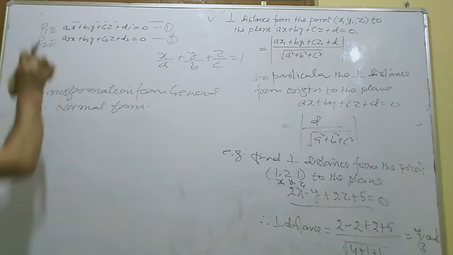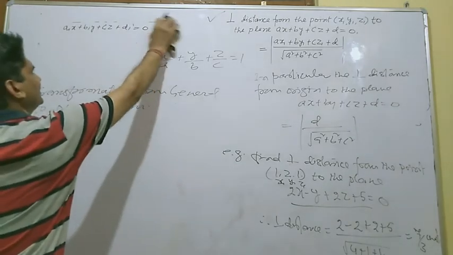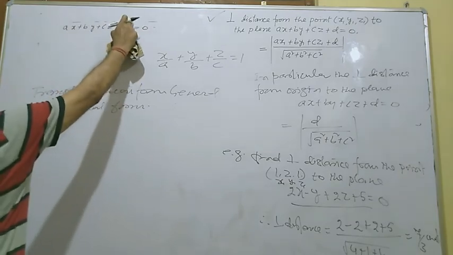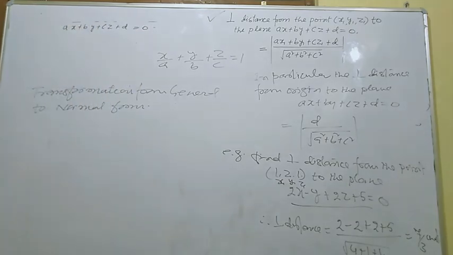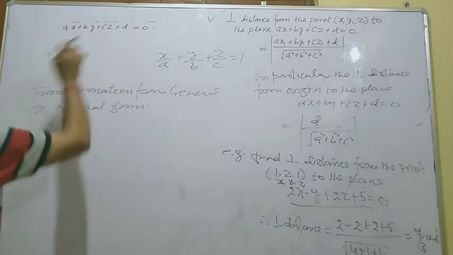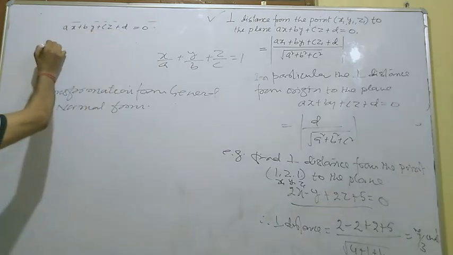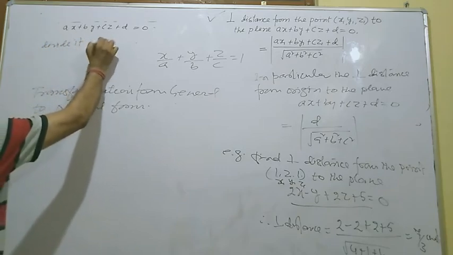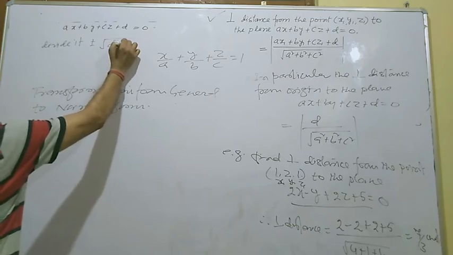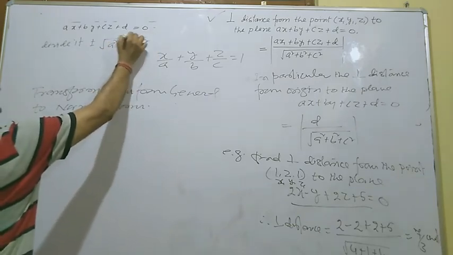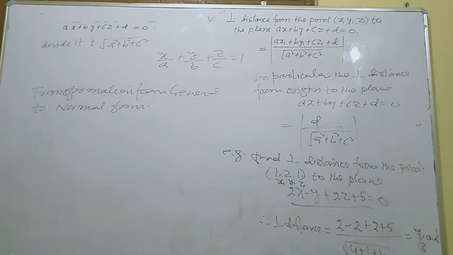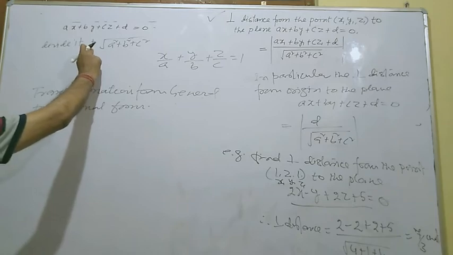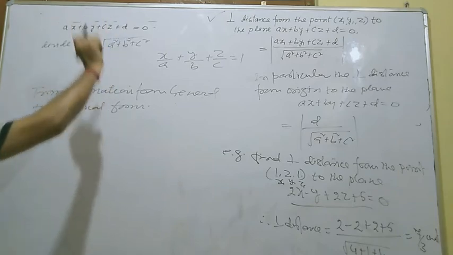Suppose the general form is ax plus by plus cz plus d equal to 0. To reduce it to normal form, we divide it by plus minus under root a square plus b square plus c square, and the sign of the radical is taken opposite to that of d.